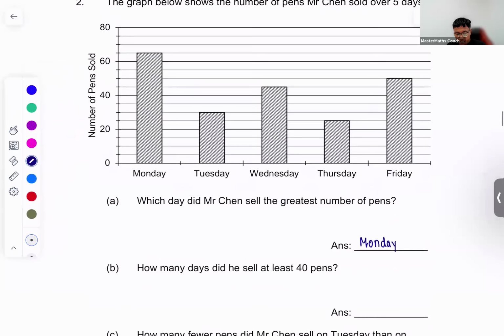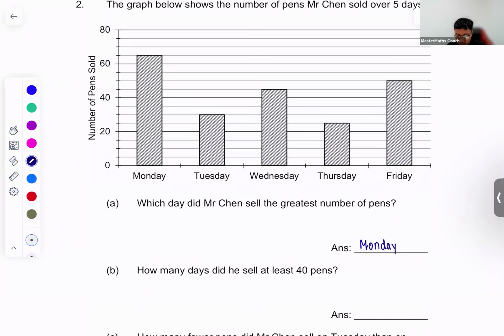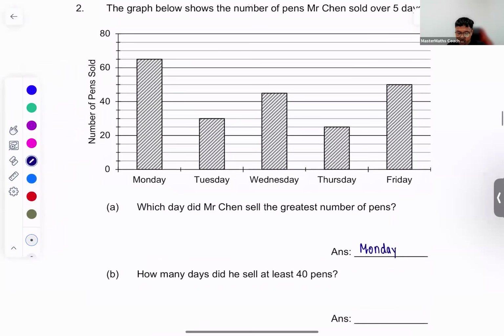How many days did Mr. Chen sell at least 40 pens? Can you try to do this question?